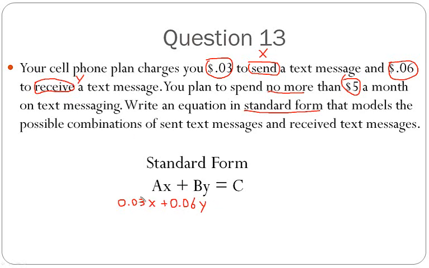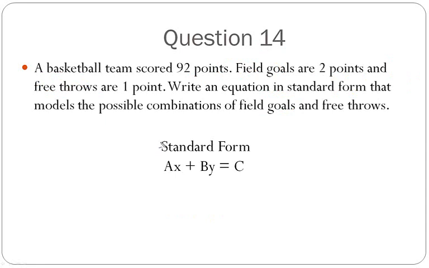Alright, now what this total cost, or whatever we get charged, we want it to be no more than, or less than or equal to $5. So this is how we would write our equation, which is really an inequality. 3 cents per text message we send plus 6 cents per text message we receive, and we want to spend no more than $5.